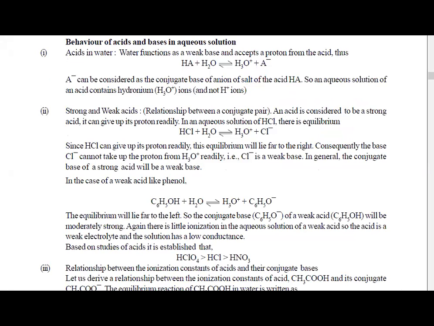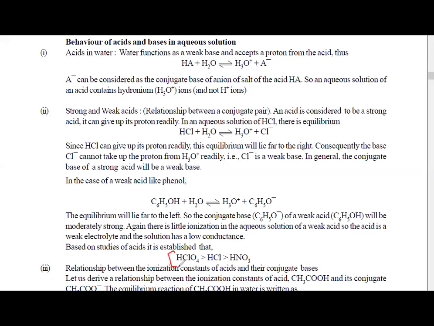Now, if you remember the concept of chemical bonding, the higher the oxidation state, the greater the acidic strength. For example, see this.